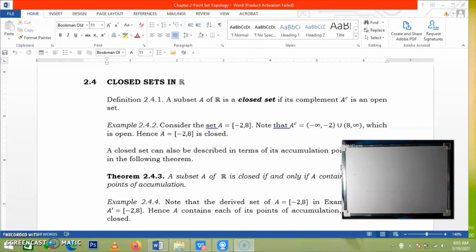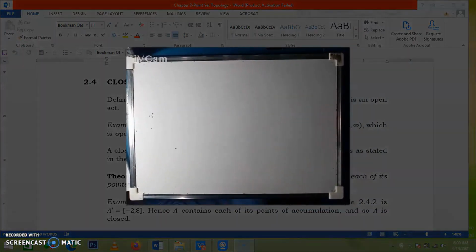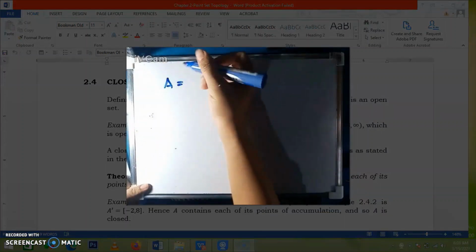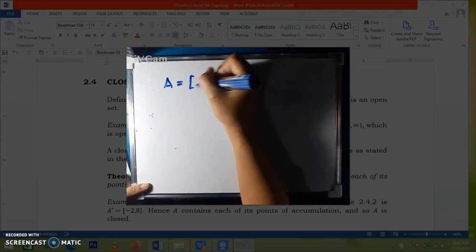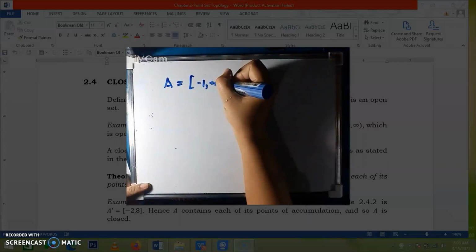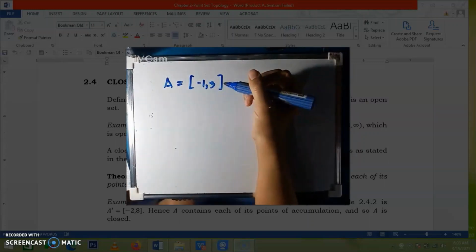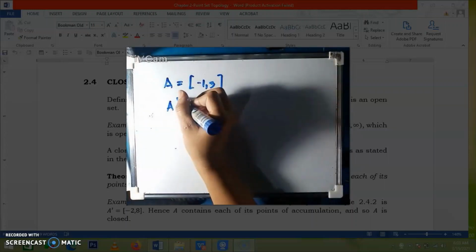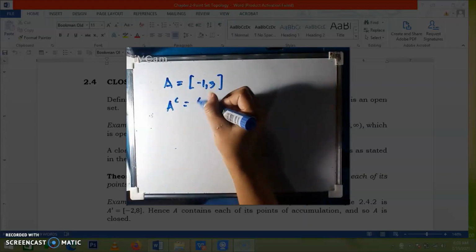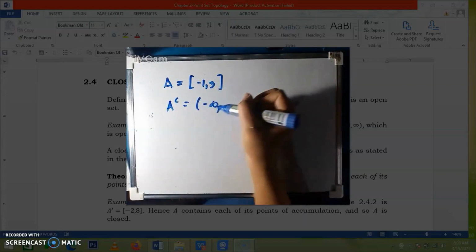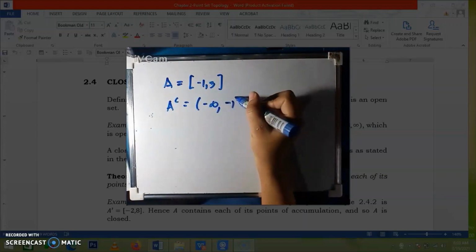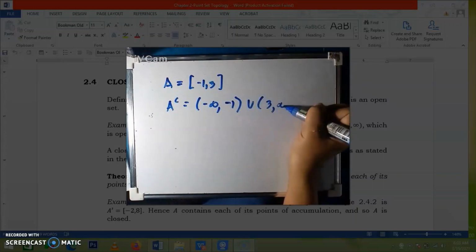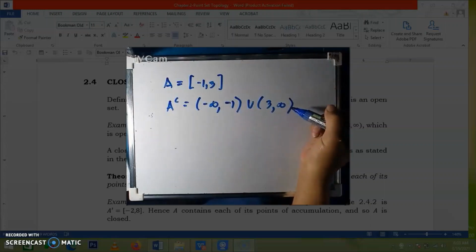Now let's try to consider an example. Say let's have A be equal to this set. Of course the complement of this set is this set, negative infinity open in -1, union open in 3 to positive infinity.